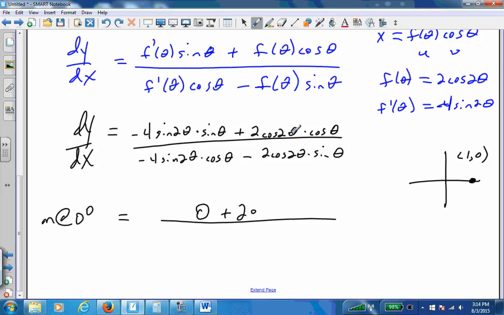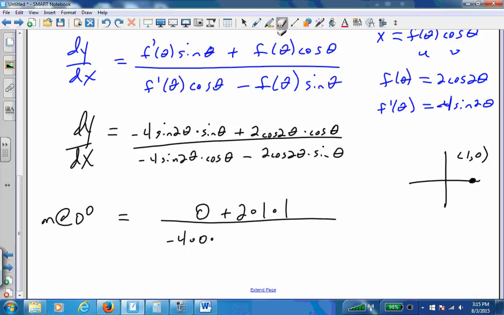If I put a 0 in for theta, I'm getting cosine of 0, which is 1, times cosine of 0, which is 1. On bottom, I got minus 4 times sine of 0, which is 0, which means it doesn't even really matter what cosine is.